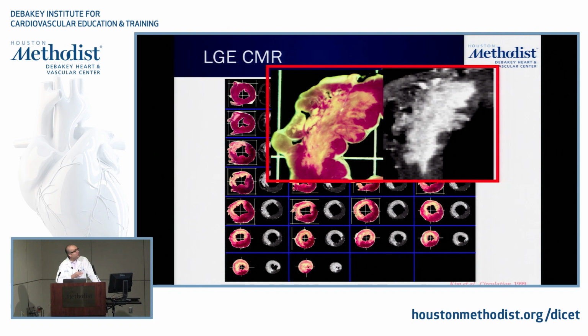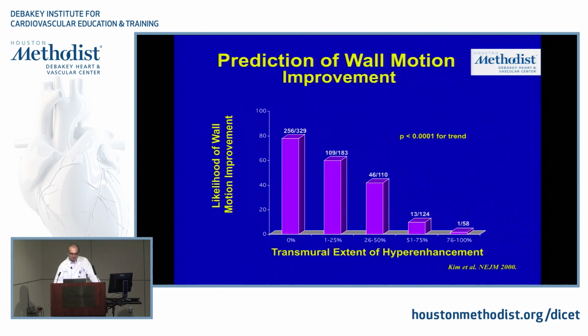As shown in this 1999 initial publication, it can give you an exact match of what myocardial infarction looks like. This is an example in an animal model with ligation of the LAD. Over the last 15 years or so, studies have shown a close relationship between the likelihood of improvement in contractility and the transmural extent of hyperenhancement.